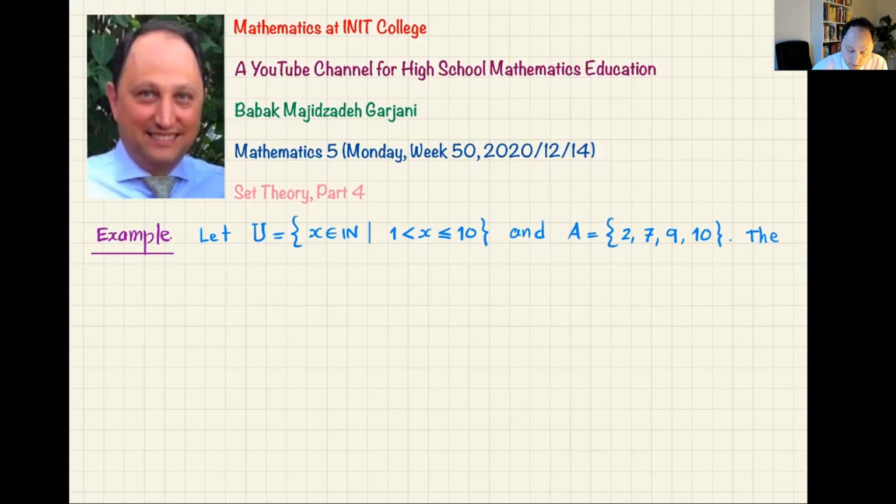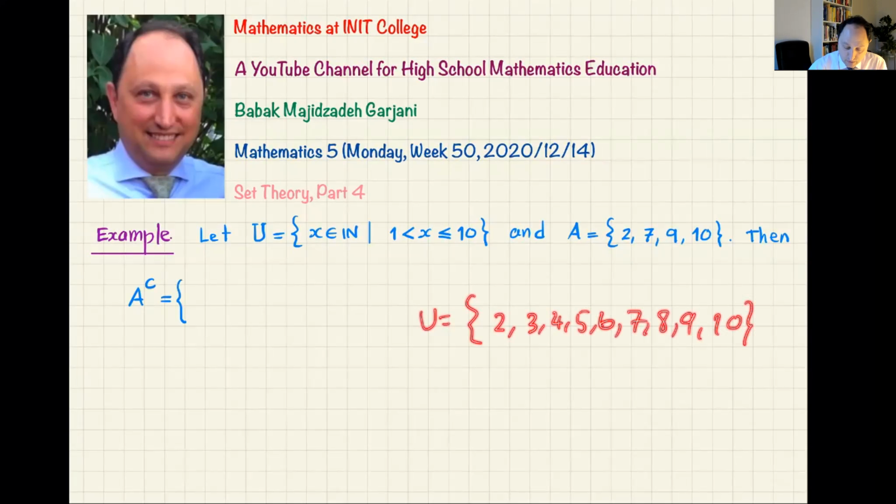Then, what is the A complement? A complement means all the elements that are in the universal set, but they are not in the set itself. So what is the universal set? The universal set starts from 2 because it cannot include 1: 2, 3, 4, 5, 6, 7, 8, 9, and 10.